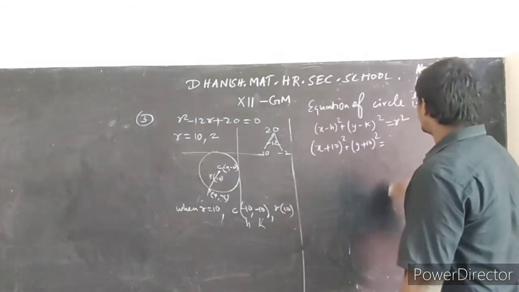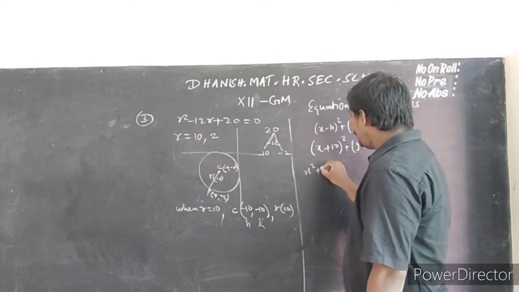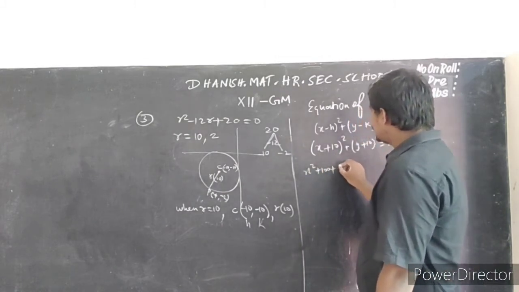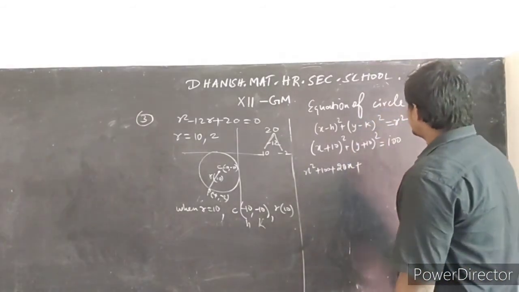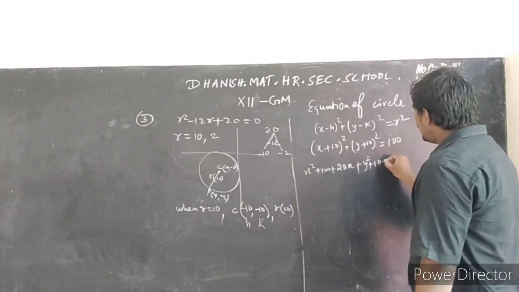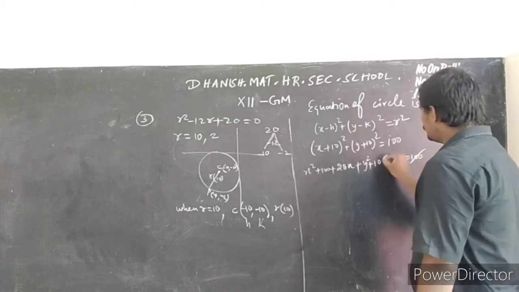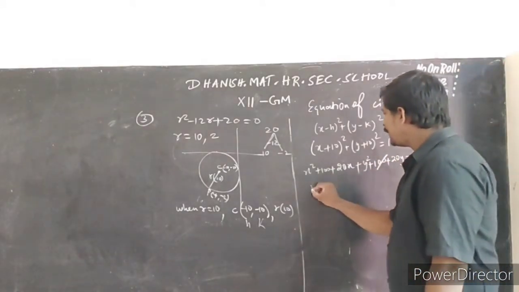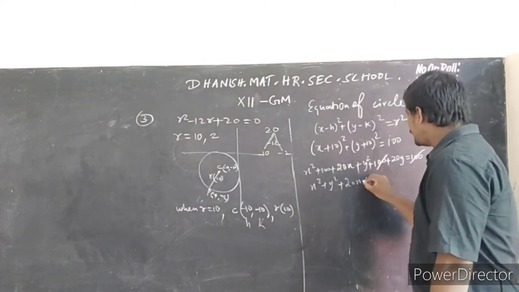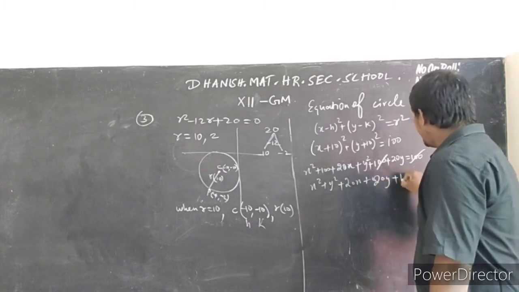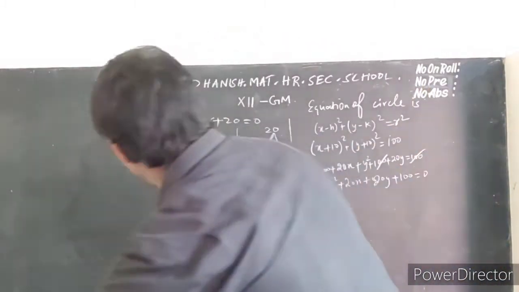Our r is 10, so it becomes 100. Using the a plus b whole square form, a square plus b square plus 2ab, we get x square plus 100 plus 20x plus y square plus 100 plus 20y equal to 100. These two terms will get cancelled. So what is the remaining? x square plus y square plus 20x plus 20y plus 100 equal to 0 is the required equation.